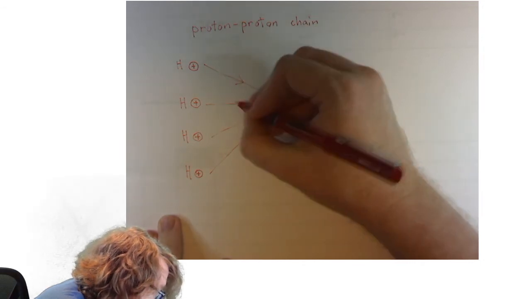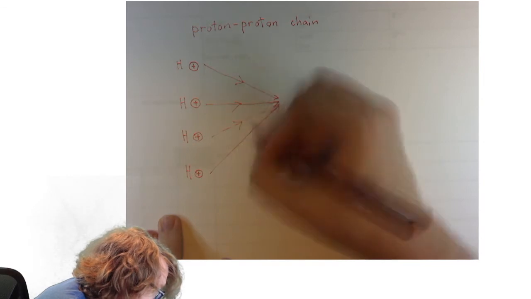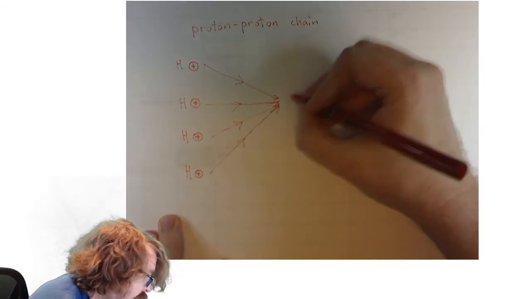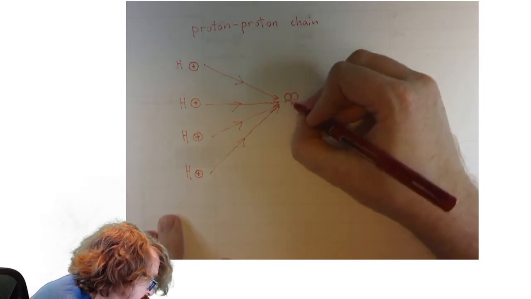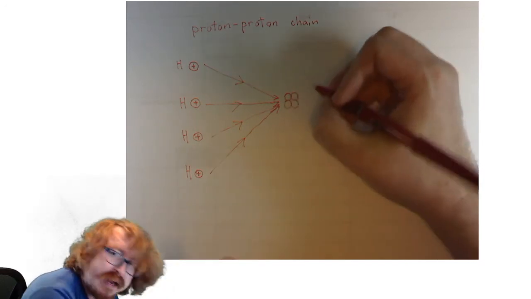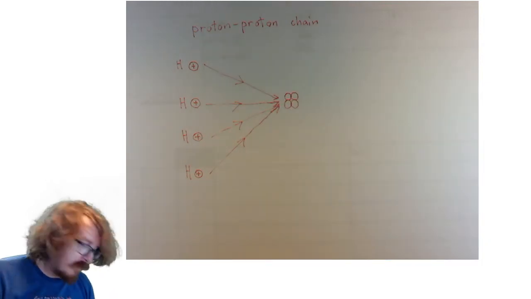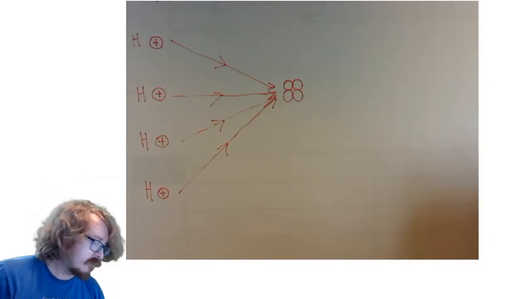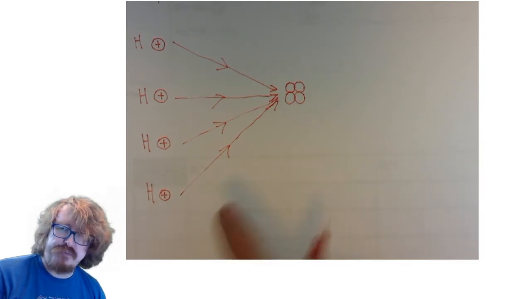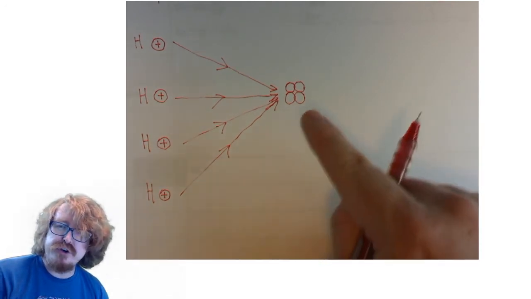Okay, that's them fusing. And so if we stuck together 4 protons, we're going to have 4 little balls stuck together right here. Let me zoom in a little bit. There we go. So we stuck together these 4 protons, and so we have a new atom right here made of 4 balls.